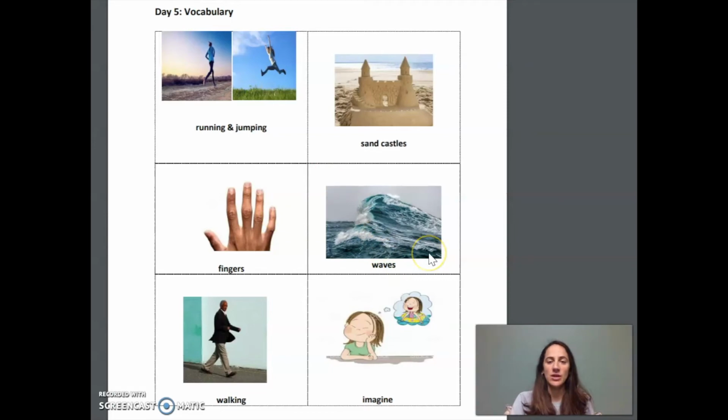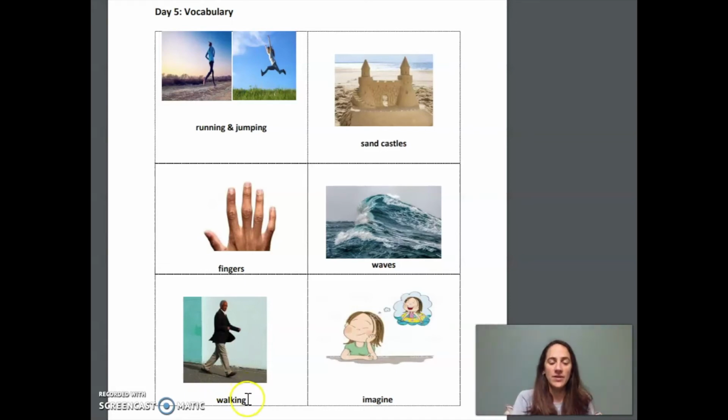This picture, what do you see? Yes, the water is coming up high. These are waves. Repeat, waves. Very good. In this picture, I see a man moving. He is not running. No, he is walking.